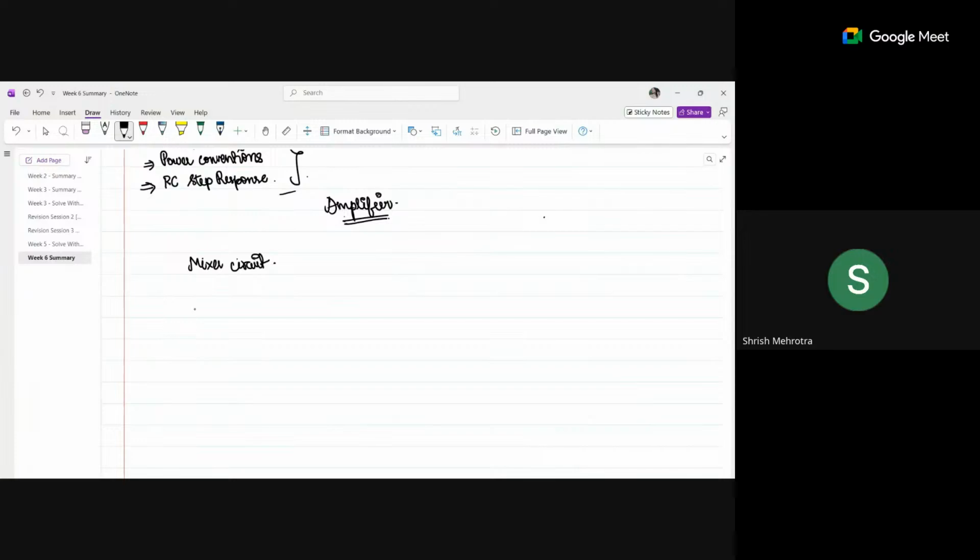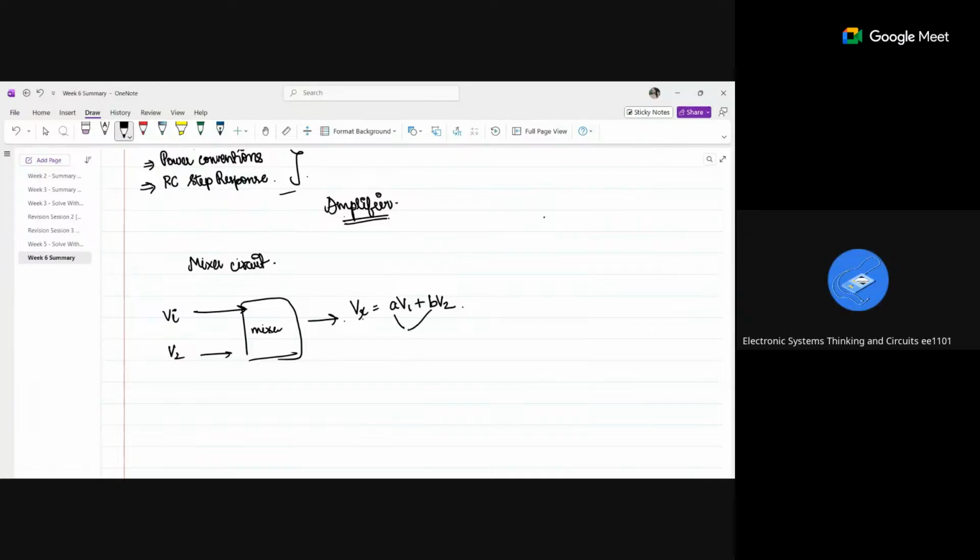If there are one or more input voltages, V1 and V2, going inside a mixer circuit, the output will be in the form of AV1 plus BV2, right? What is the range of this A and B? Will it be greater than 1 or less than 1? Less than or equal to 1.